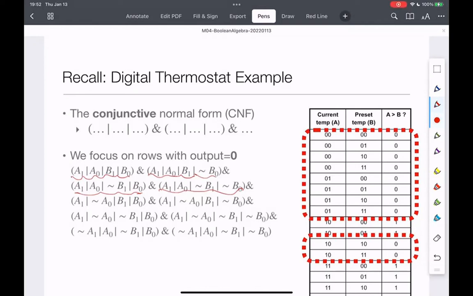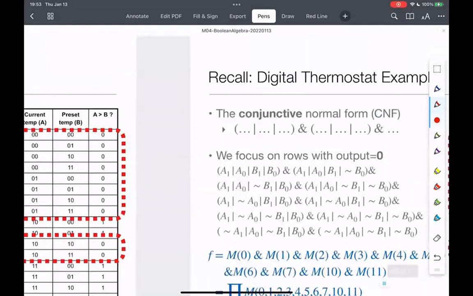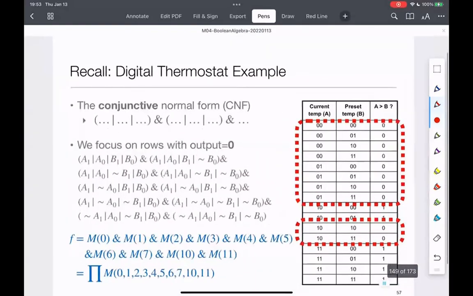This is another way of saying that we are just selecting those rows. Remember, a max term takes the value 0 in its corresponding row. So if the inputs correspond to row number 1 here, then the corresponding max term would be 0, and it will take the whole function down. That's what is happening out here.